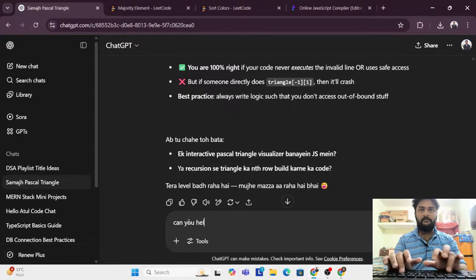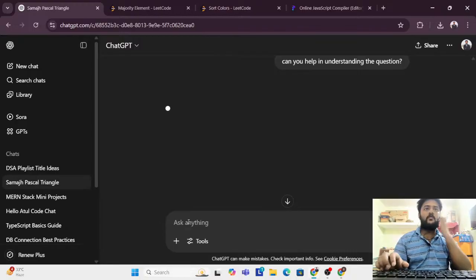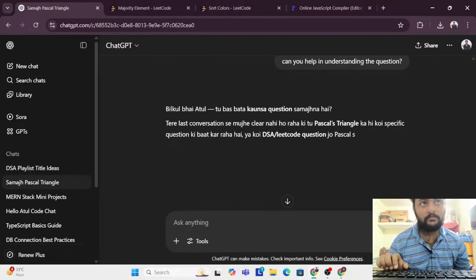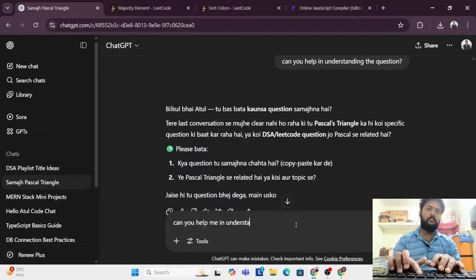Can you help me in understanding the question, if I understood correctly or not? Can you help me in understanding this question?